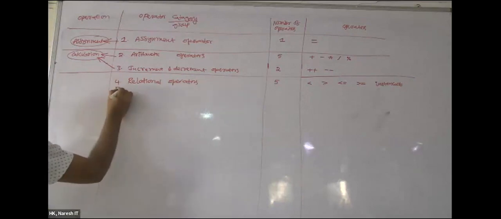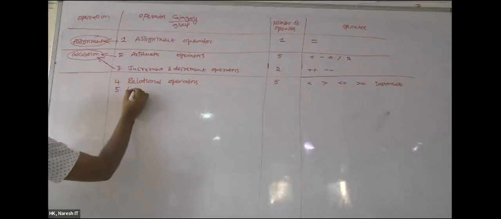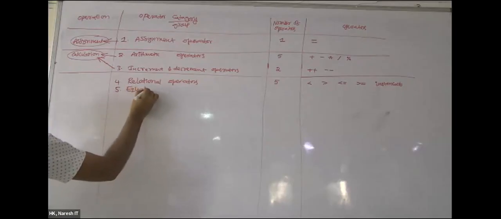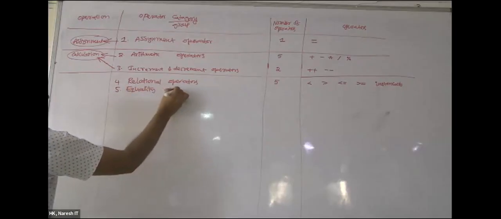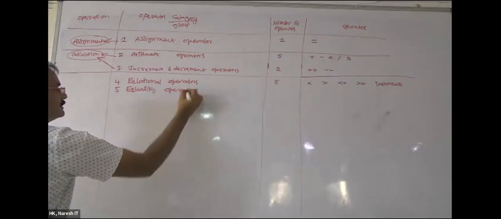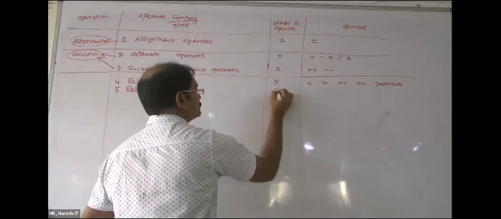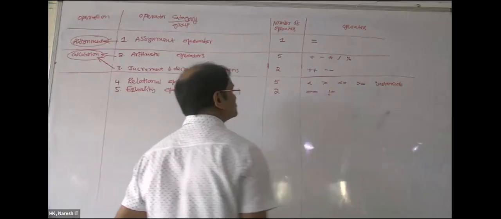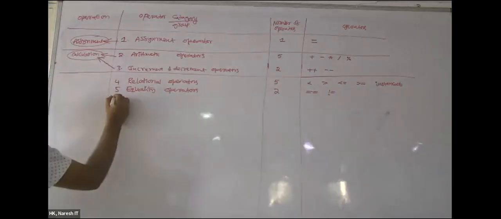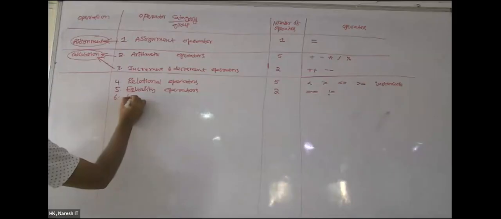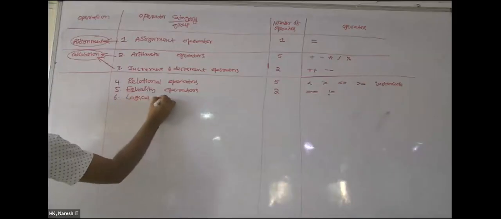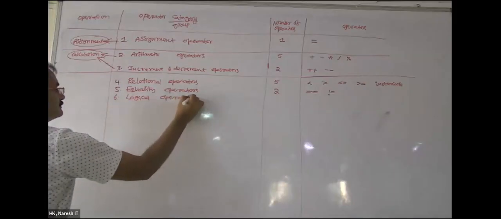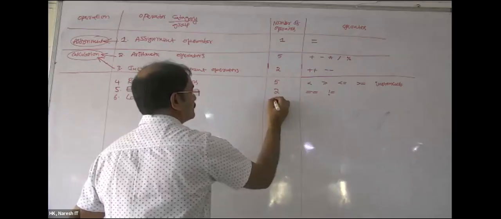Fifth one, without writing row lines, write down: equality operators. 2: double equal to, not equal to. Without any row line, sixth operator: logical operators. How many are there?